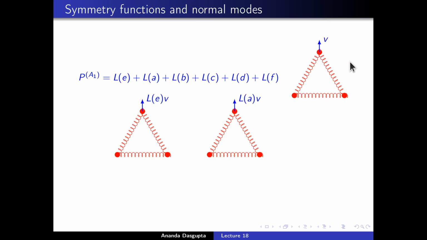LBV does something non-trivial. First of all, it moves the atom from here to here, and if you're pointing up, the resulting reflected vector points in this direction.